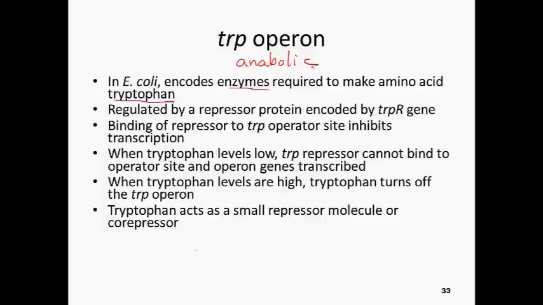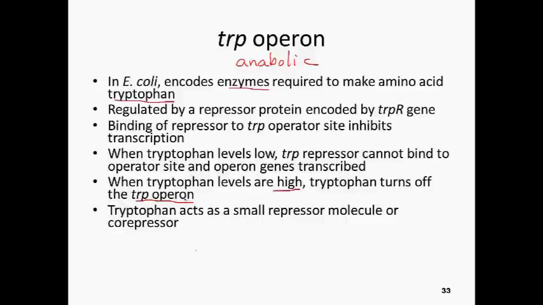However, when tryptophan is available in the environment, why continue to waste energy making anabolic machinery? So when tryptophan is present, I want to turn off the trp operon and rely on the existing substrates available to help make protein. Remember, gene regulation is a lot about conserving resources. If I have a resource available, why continue to make it myself and waste precious resources?